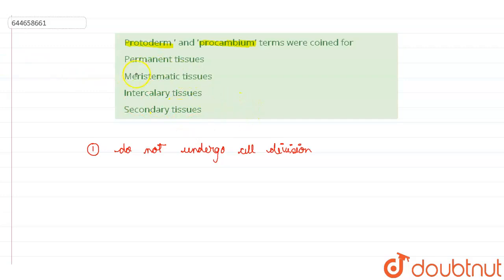Now let us talk about the second one, the meristematic tissue. What is this meristematic tissue? It is made up of actively dividing cells, known as meristems. They are responsible for plant growth, because the cells are continuously dividing.